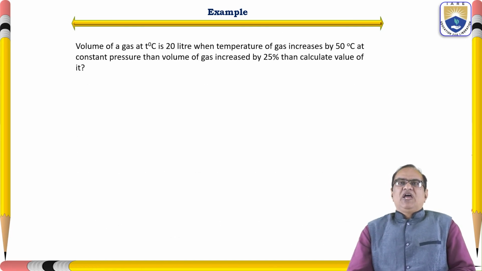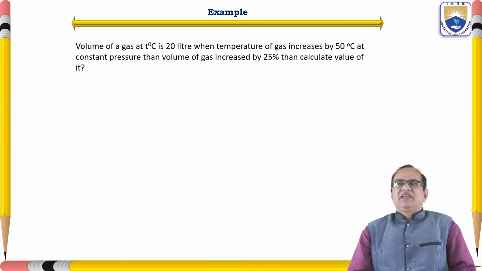So here the volume of a gas at T degree centigrade is 20 liter. When the temperature of the gas increases by 50 degree centigrade at constant pressure, then the volume of the gas increases by 25%.